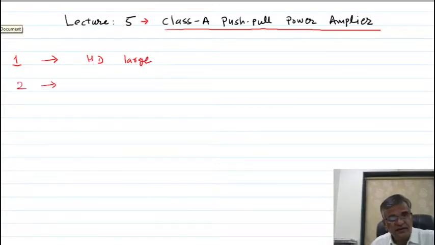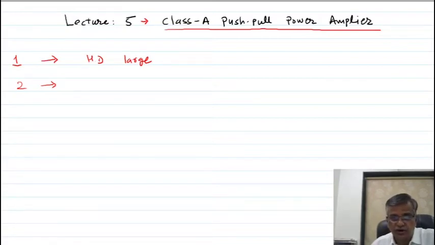Second, in a transformer coupled amplifier, the load which gives the maximum output power is different than the load which gives the minimum harmonic distortion. Listen again. In a transformer coupled amplifier, the load which gives the maximum output power is different than the load which gives the minimum harmonic distortion.